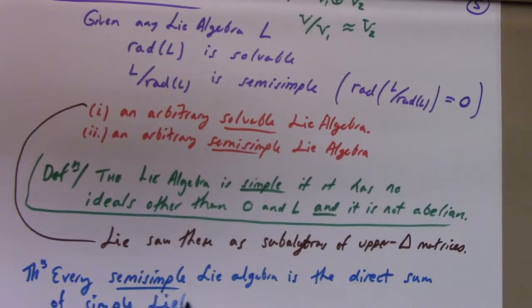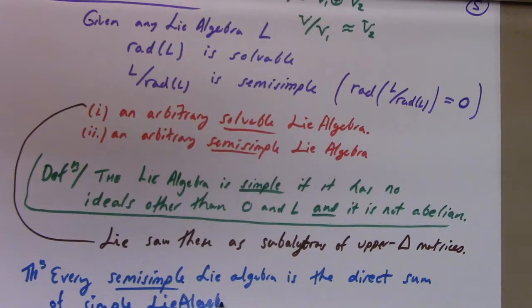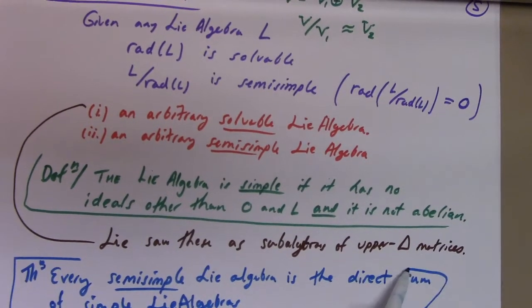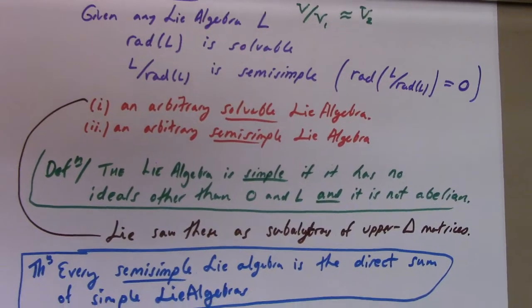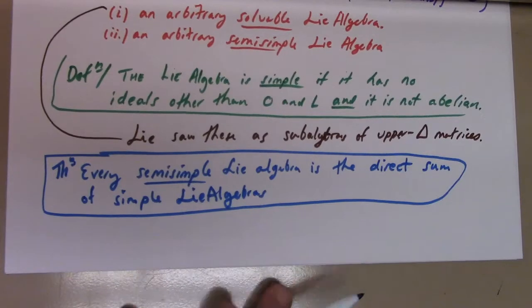So as you can see, the classification question boils down to: what are the simple Lie algebras? What are the possible simple Lie algebras? That's a major theorem, and as he says, the proof is based on the work of Killing, Engel, and Cartan from around the turn of the century.